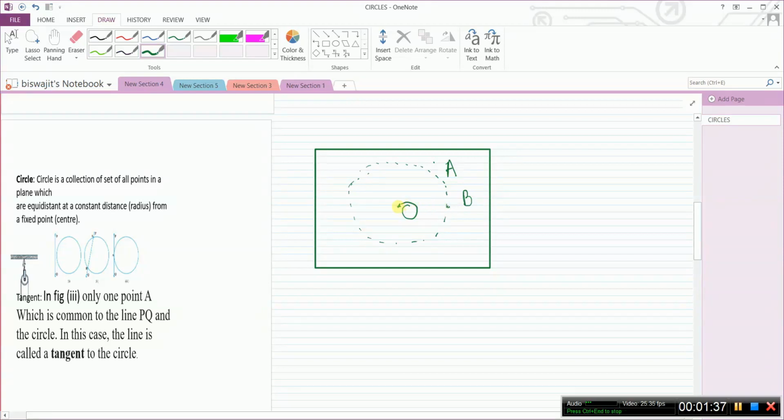From O to A and from O to B they are equidistant. Like that, all these points are equidistant from the point O.